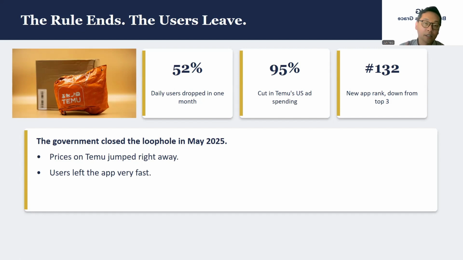But since the tariff goes up, it's included in the consumer price and the price goes up, so there's no charming point for Temu products. Daily users dropped 52% in 1 month. Temu cut its advertising spending by 95%. Its app ranking fell from the top 3 to number 132.